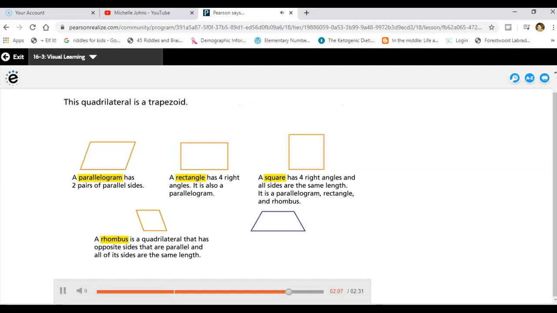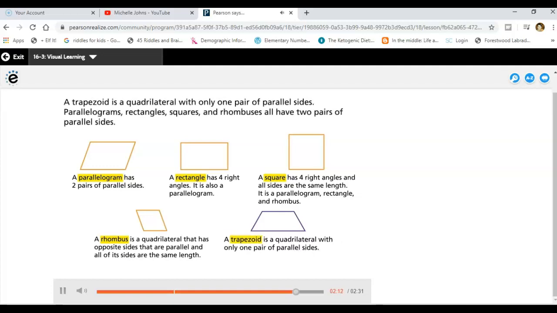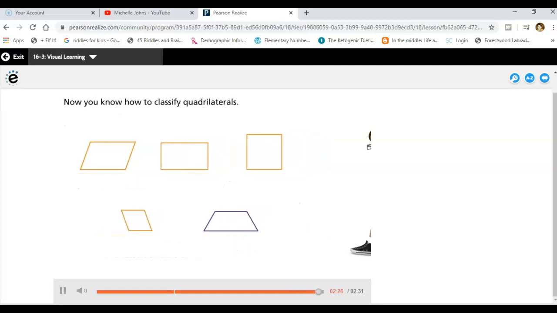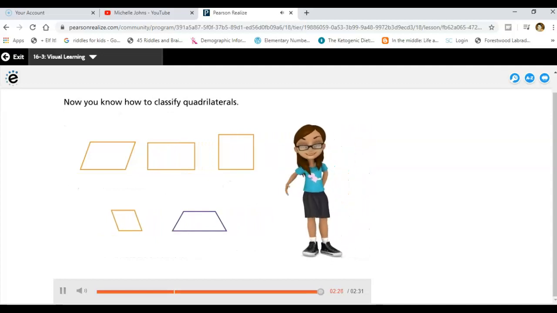This quadrilateral is a trapezoid. A trapezoid is a quadrilateral with only one pair of parallel sides. Parallelograms, rectangles, squares, and rhombuses all have two pairs of parallel sides. Now you know how to classify quadrilaterals.